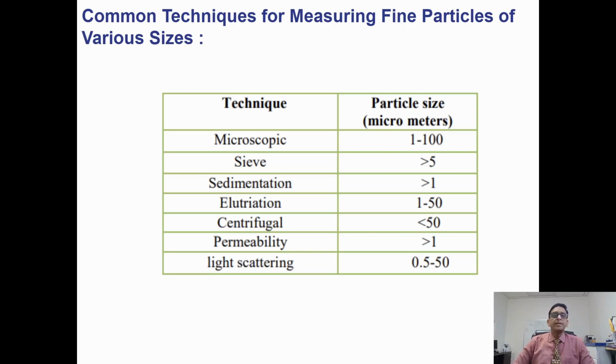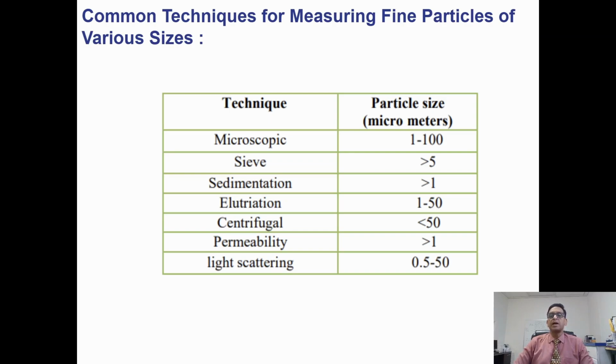As I said, to understand the fine particles of the various components, we can also use other techniques like microscopy, sieving, sedimentation, elutriation, centrifugal, permeability, or light scattering techniques to analyze the particle size.